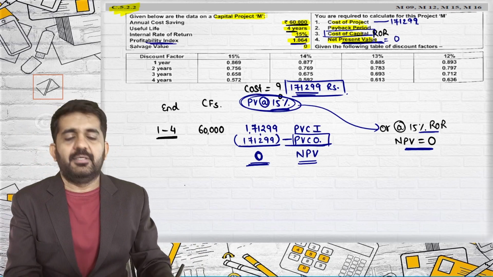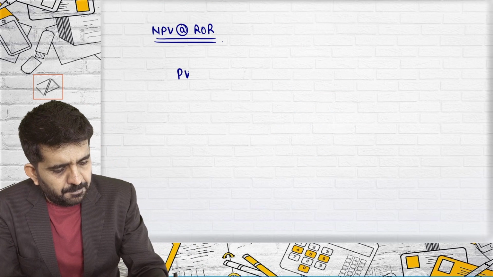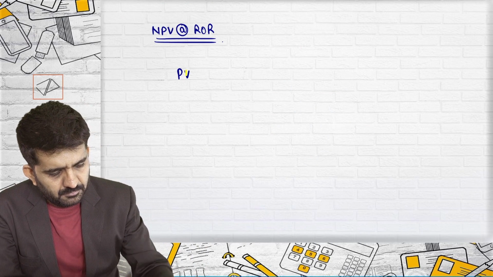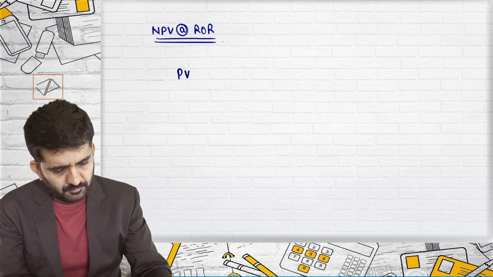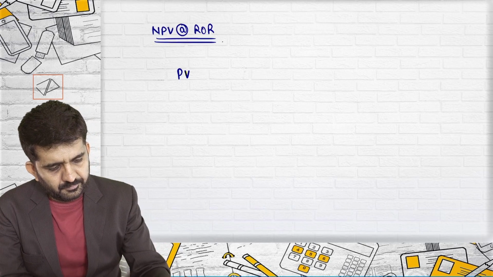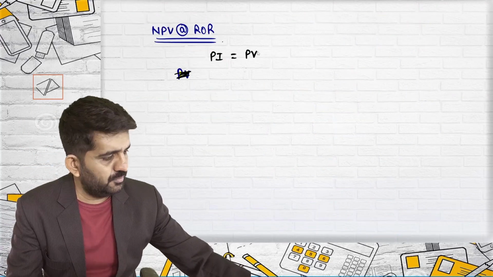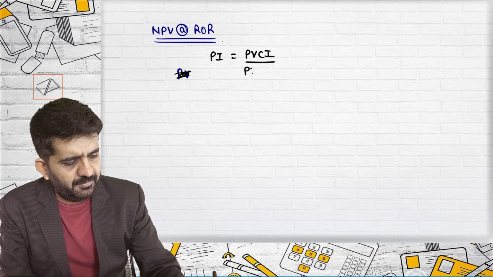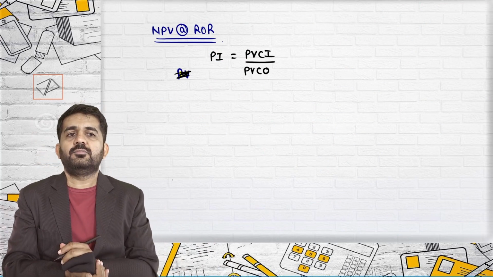PI is given. What is PI? PI is nothing but present value of cash inflow divided by present value of cash outflow.